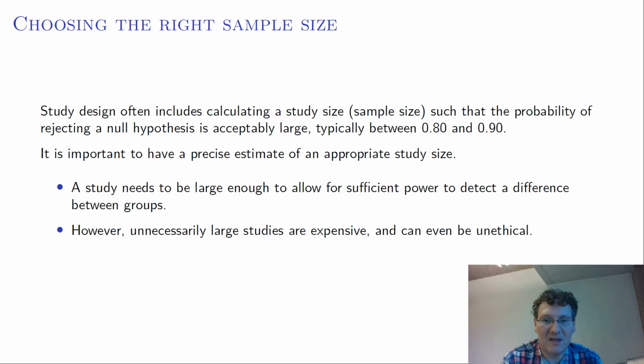And you don't want your sample size to be too big, because that's expensive. Large studies can be complicated, they can be expensive, and it says here even unethical. And I guess it depends on the type of thing that's being studied.